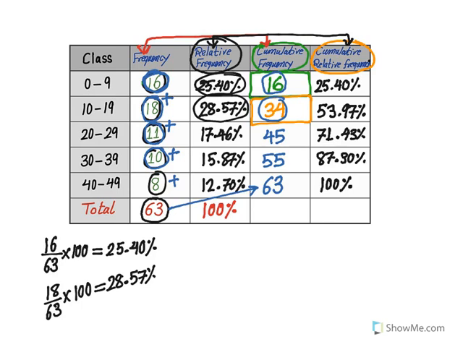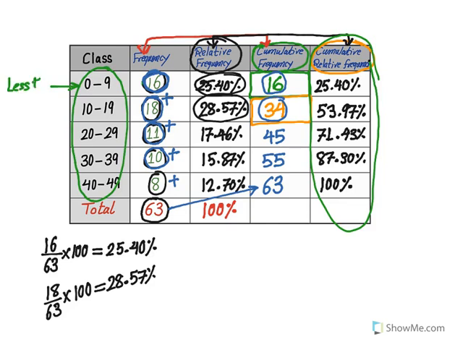And so I would like you to just know that some people, when they do this last column, change what's written here, and instead of the class, they would just say less than 10.